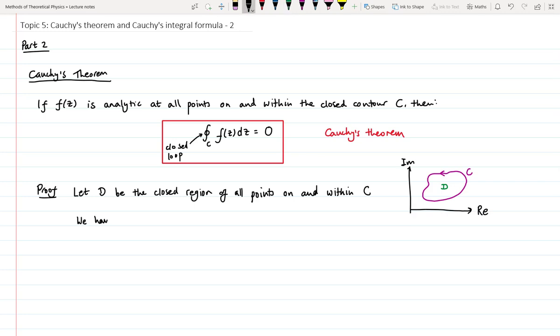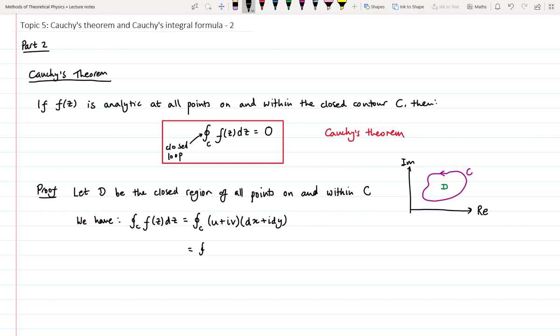From the previous video, we know that we can write a complex integral of this form, like this, where we substitute in f in terms of its real and imaginary components, u plus iv, and we substitute the differential dz as dx plus i dy.